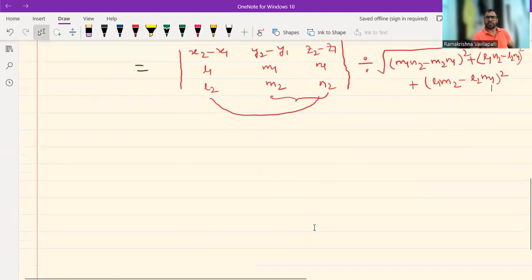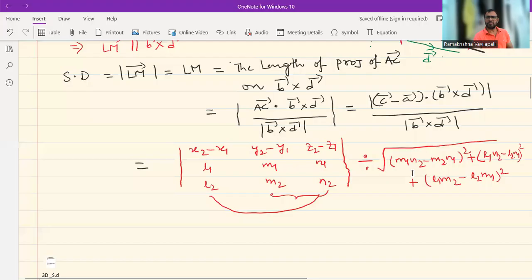So now I am going to solve a few questions exactly based on this. You can find not less than some 20 to 30 questions simply based on shortest distance between two skew lines in JEE Main 19, 20, 21, 22 and even 2023 also.